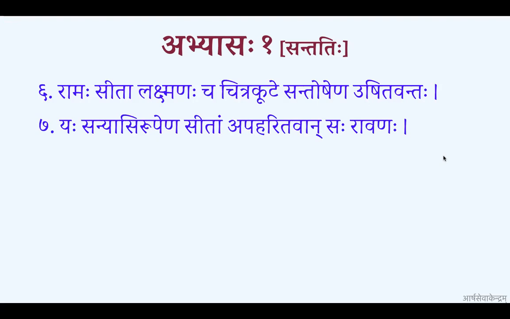यः सन्यासी रूपेण सीताम् अपहरितवान् सः रावणः। क्रियापदमस्ति अपहरितवान्। So what is this vakyam trying to say here?